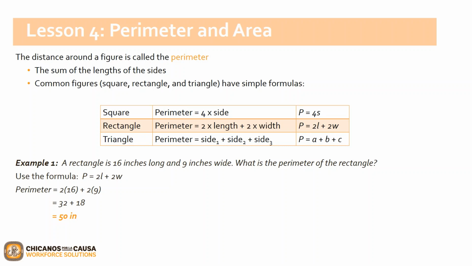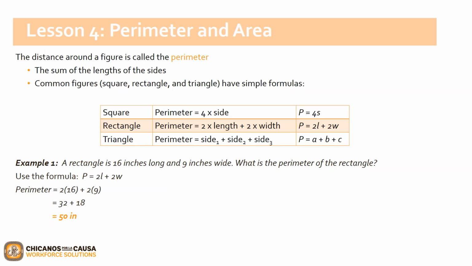So let's go ahead and take a look at example 1. A rectangle is 16 inches long and 9 inches wide. What is the perimeter of the rectangle? So we're going to use the formula to find the perimeter of a rectangle. And the formula is 2 times its length plus 2 times its width.